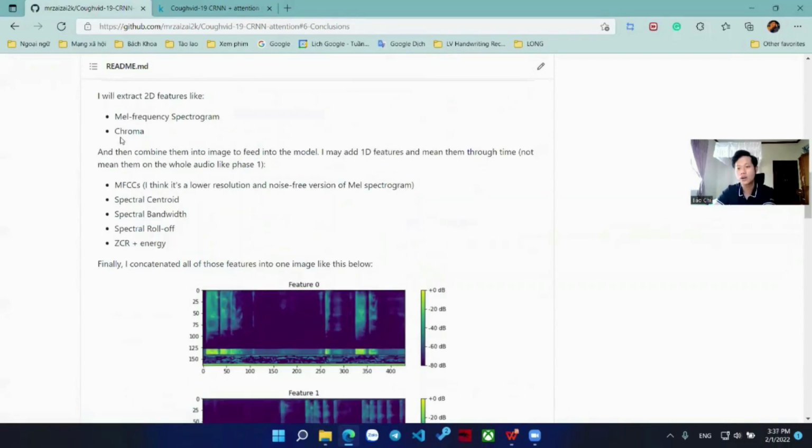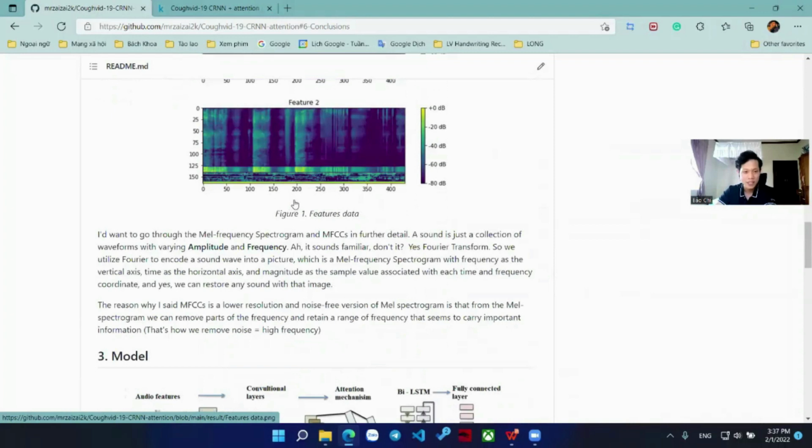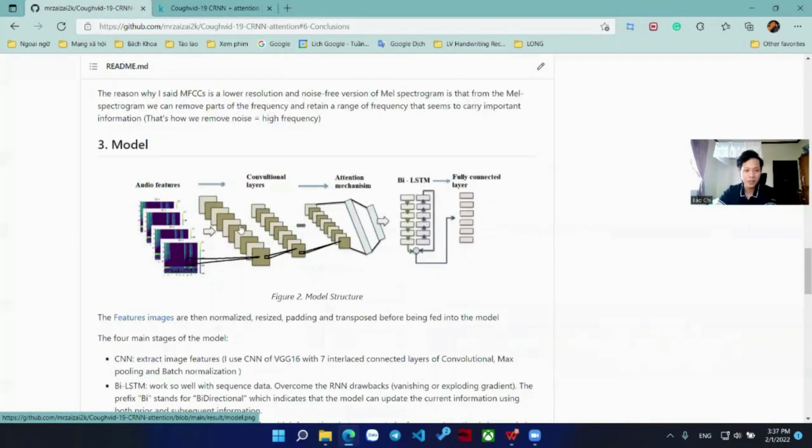So I got all the primary features here, and I stack them up like an image. You can see the mel spectrogram here, the MFCCs, and all of the 1D features. All of the data is on the time axis, and from there we can use a CNN to extract the features from the image.